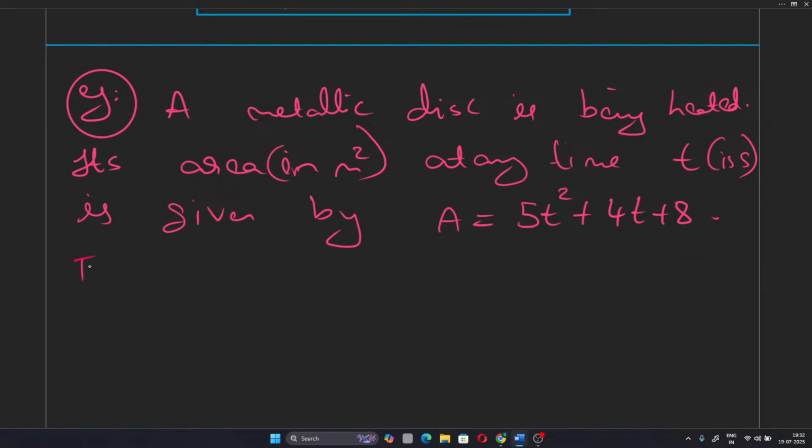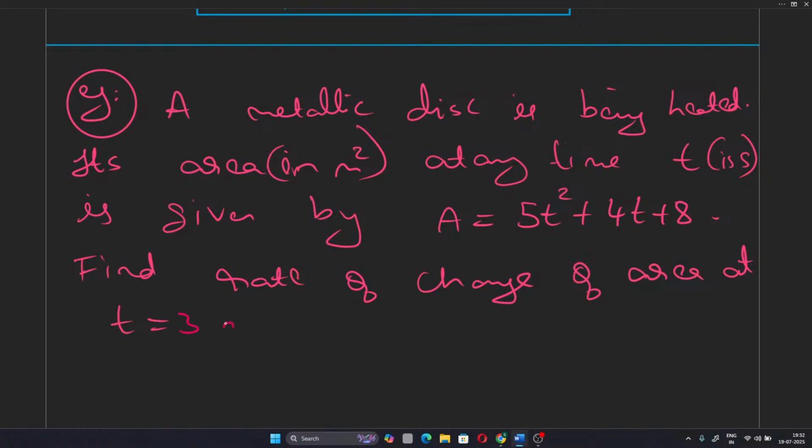Find the rate of change of area at t equals 3 second.